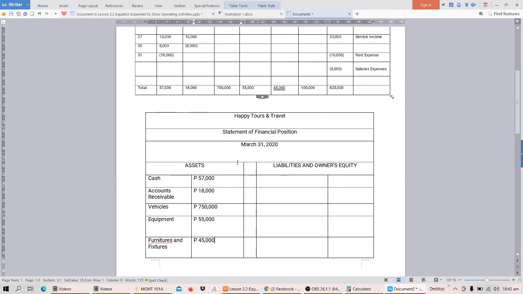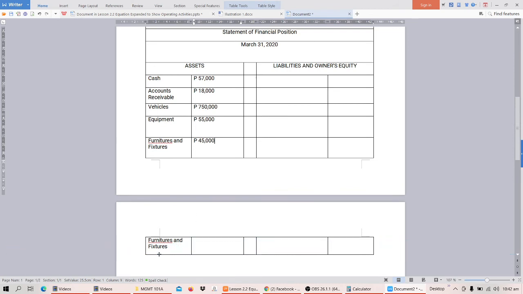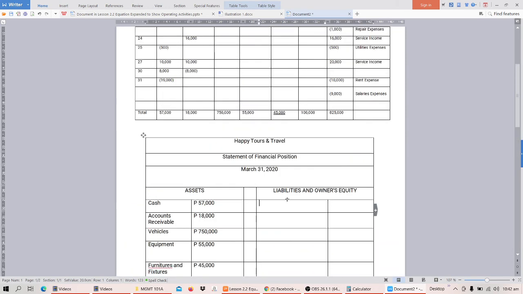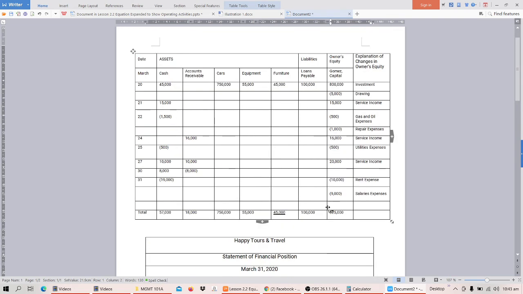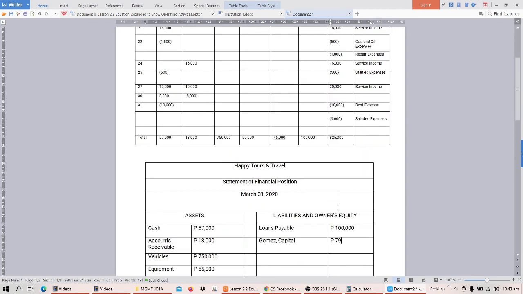And this will be your total. Your liabilities, loans payable, 100,000. Your capital now, Gomez capital, it's 795. Okay.